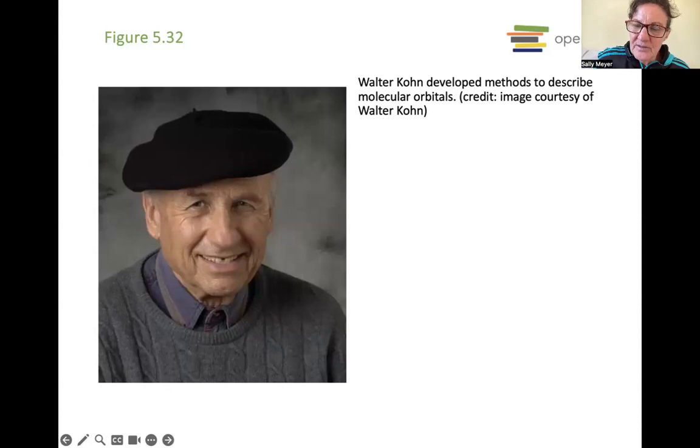I do theoretical and computational chemistry, where I like to think about the math behind these processes and then thinking about how to make the computer algorithms more efficient so you can calculate bigger molecules. So if you're trying to do molecular orbitals for something like a huge protein in biochemistry, it might take you days for your computer, even a supercomputer, to calculate the molecular orbitals. So Kohn developed a theory called density functional theory, which won him the Nobel Prize.